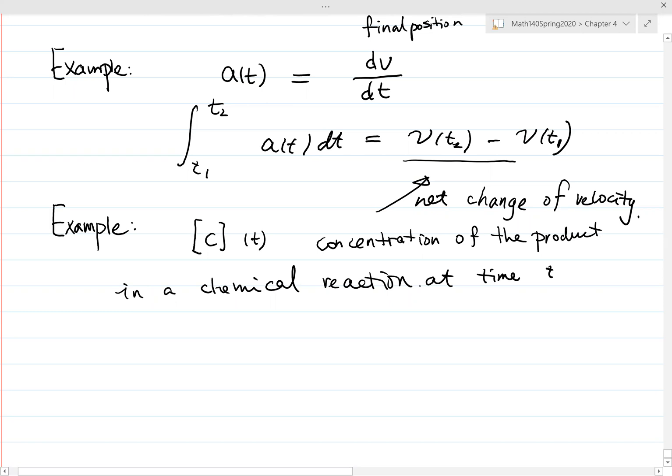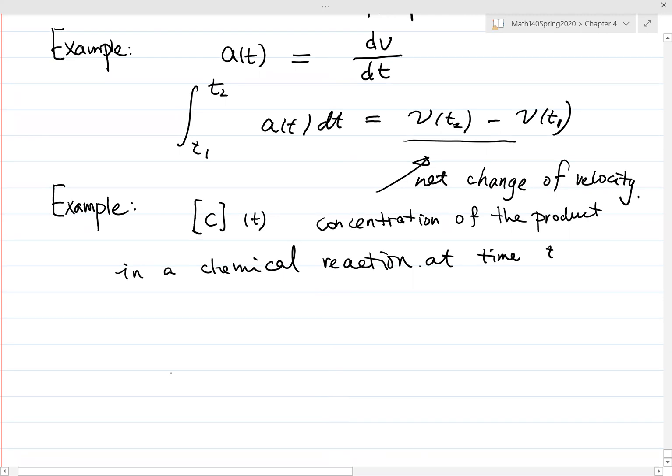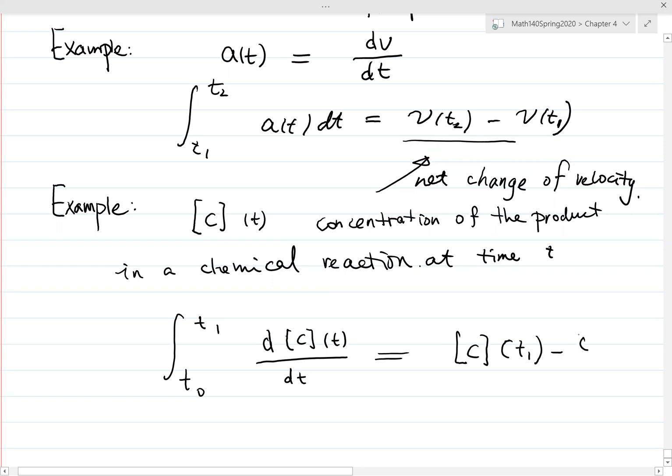There are many factors that affect how fast a chemical reaction goes on, like temperature, like pressure, etc. Then from t0 to t1, if we integrate the rate of change of concentration, the derivative of concentration with respect to time, then we get the net change of concentration, C(t1) minus C(t0).